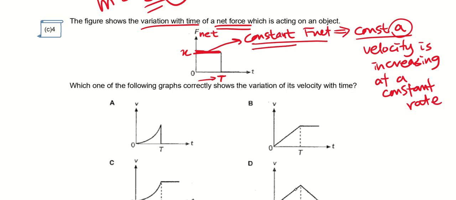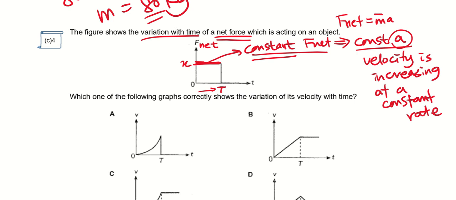And because it is constant Fnet, and Fnet equals ma, and the mass is fixed, you don't change the mass of the body, therefore my acceleration must be constant. In the kinematics chapter, constant acceleration means that the velocity is increasing at a constant rate. We'll be using this later.